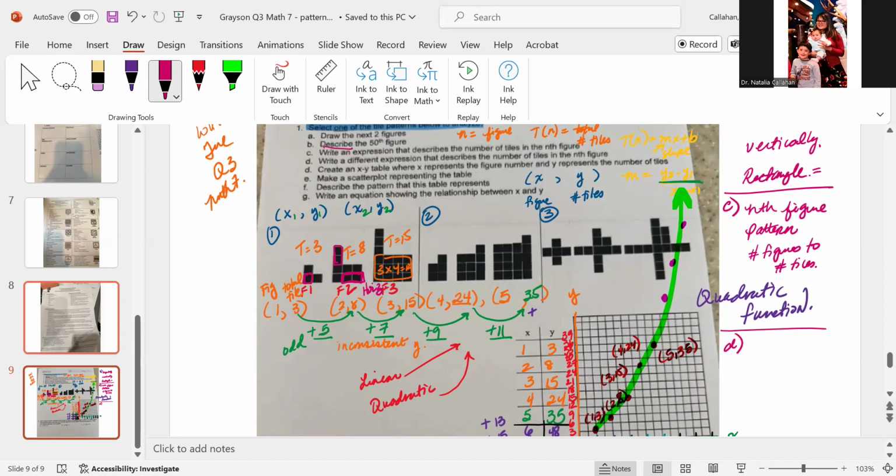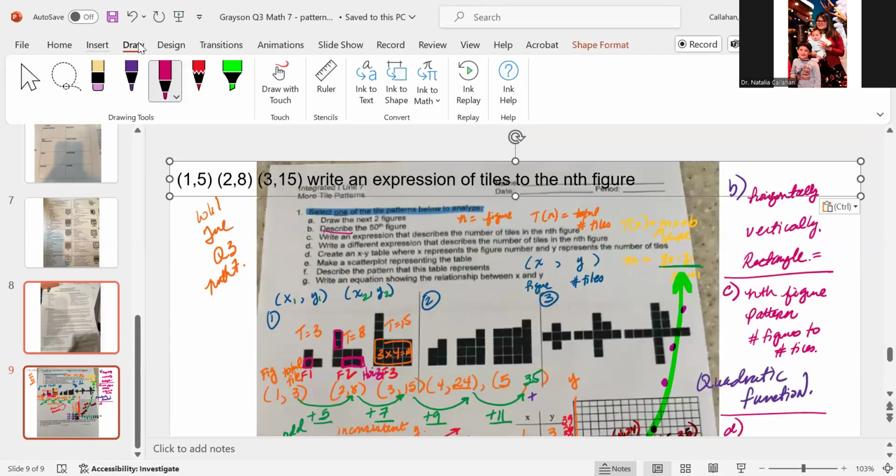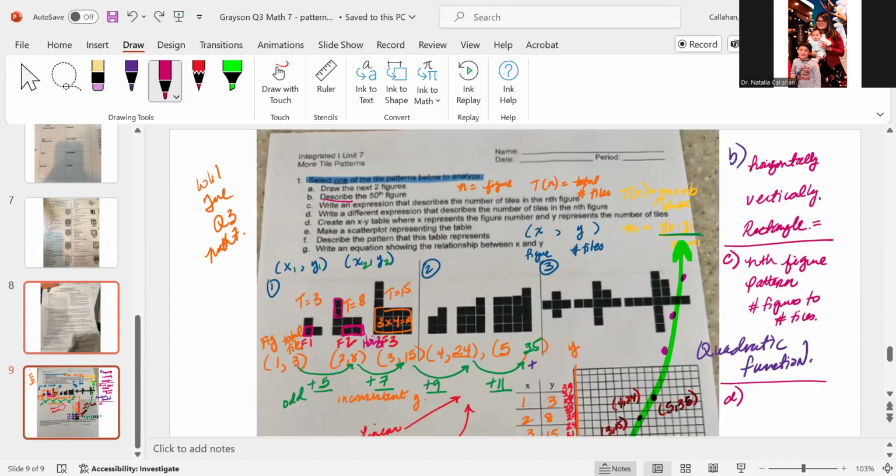D. Okay. Write an equation expression that describes the number of tiles in the figure. Well, that's the one where it's this equation right here.